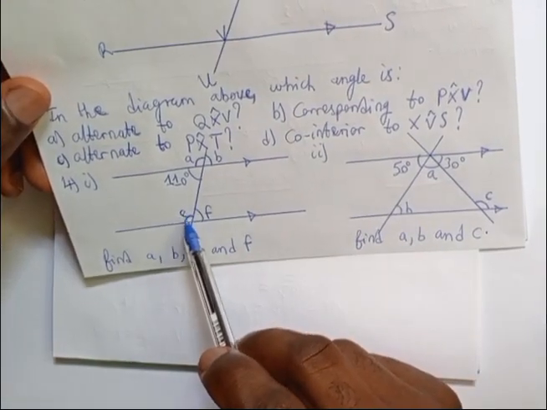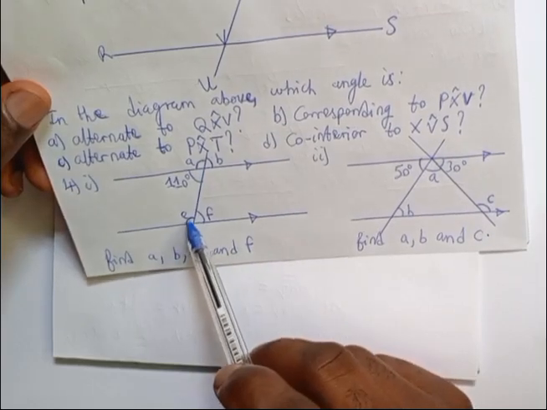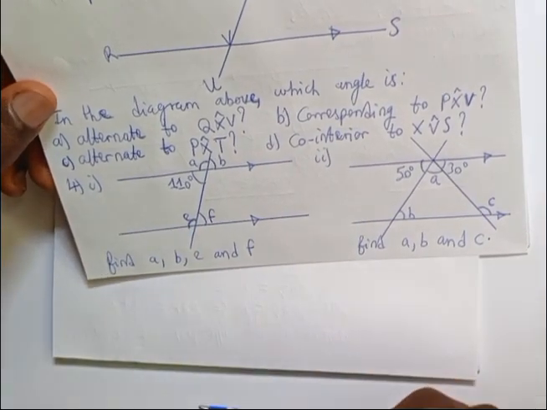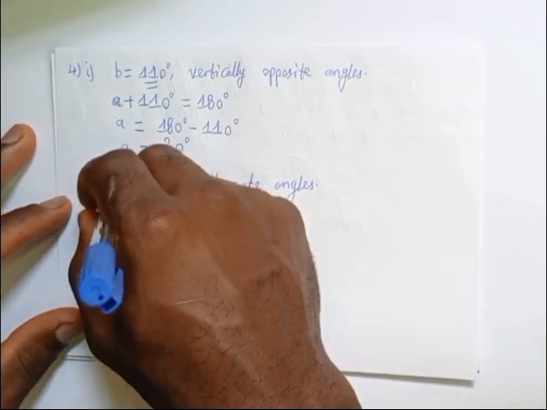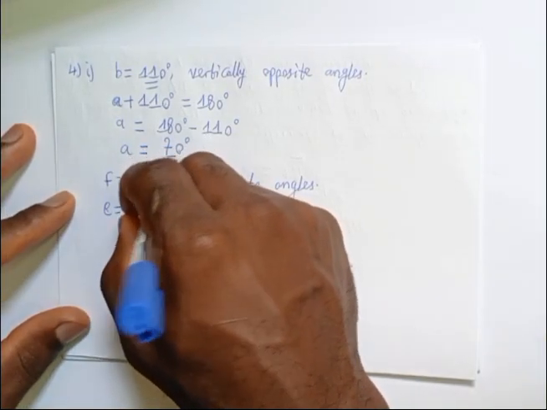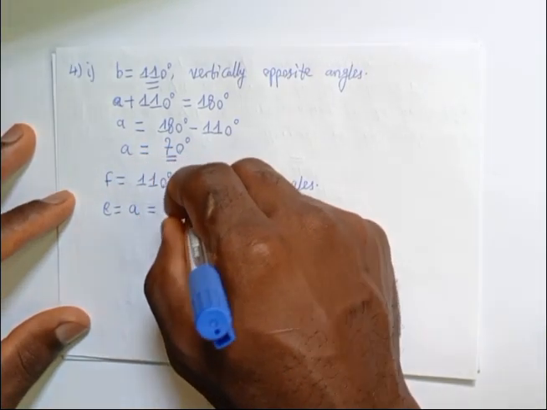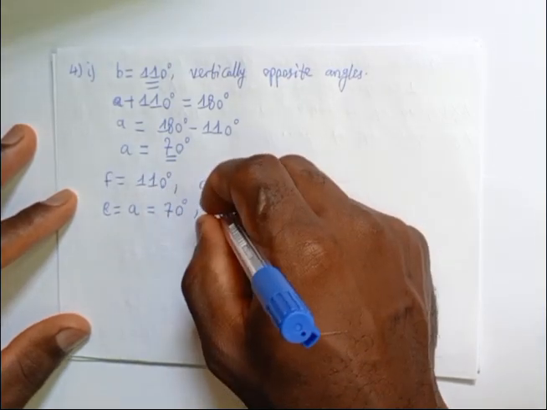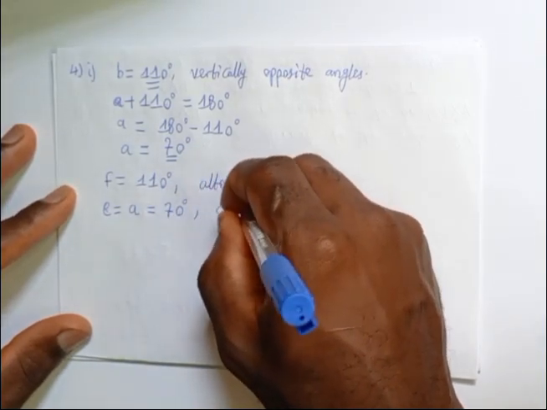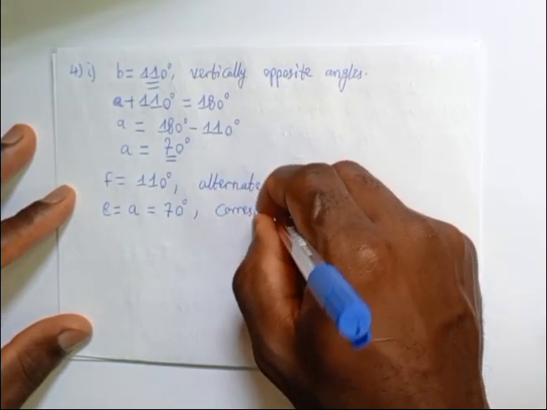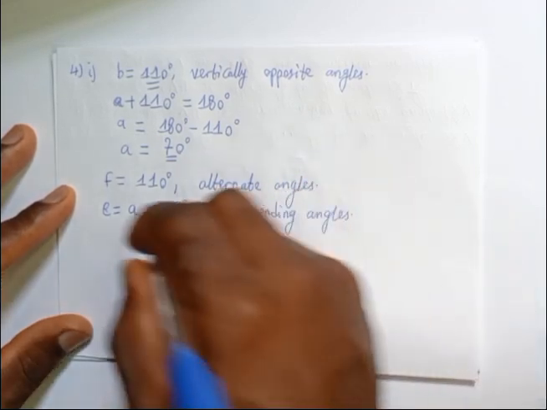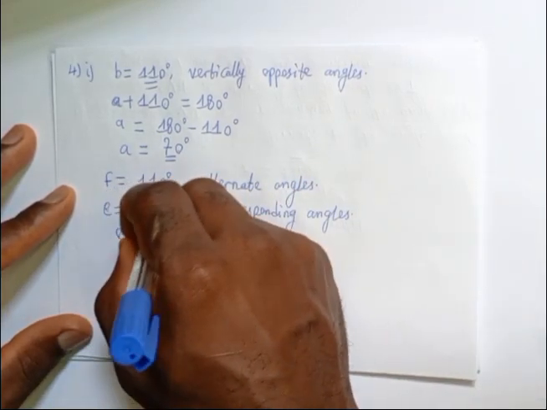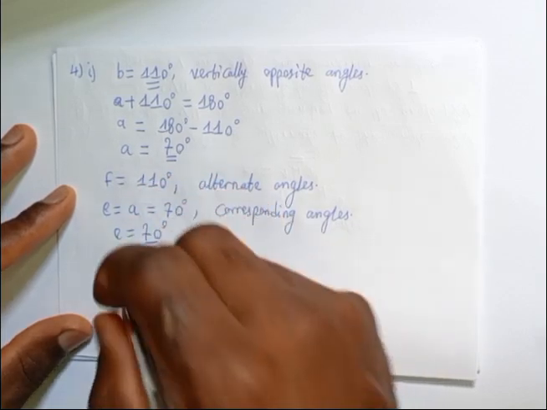Next, we have to find the angle E. The angle A and the angle E, they are corresponding angles. That means they are equal. E is equal to A, which is simply equal to 70 degrees, corresponding angles. We have E equal to 70 degrees.